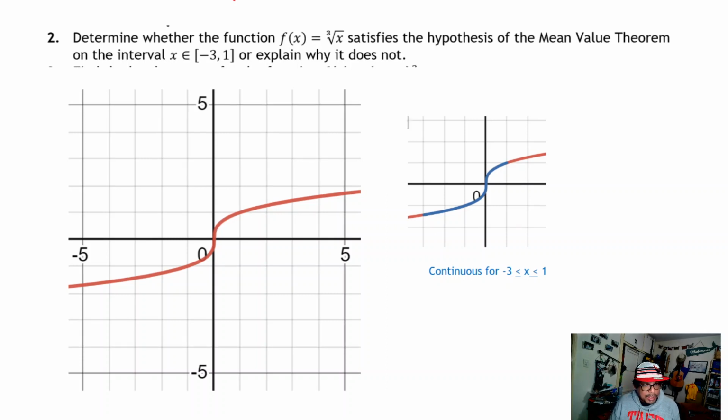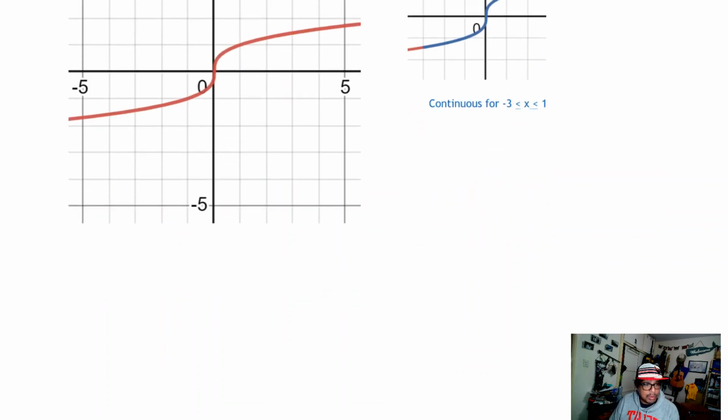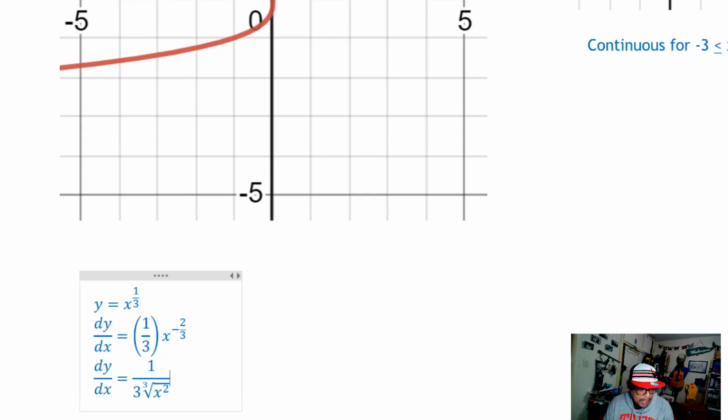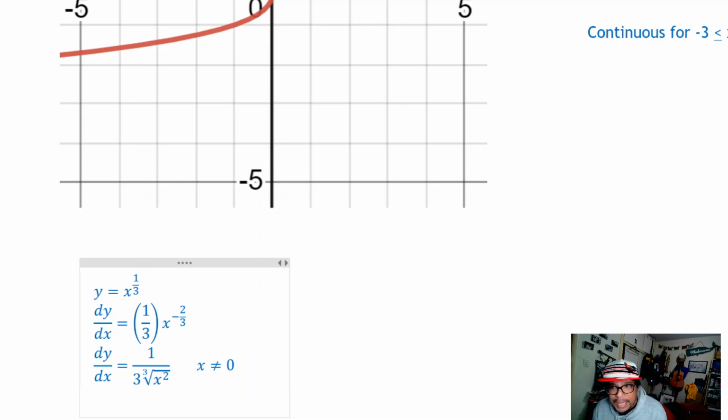But now let's consider the other part of the mean value theorem, where the function needs to be differentiable. So let's figure out our derivative. If y is equal to the cube root of x, which is x to the 1/3, then dy/dx is going to be 1/3 x to the -2/3 power, which can be simplified into 1/3 times the cube root of x squared. Which means, since that is in our denominator, x cannot be equal to 0, otherwise my derivative is undefined.